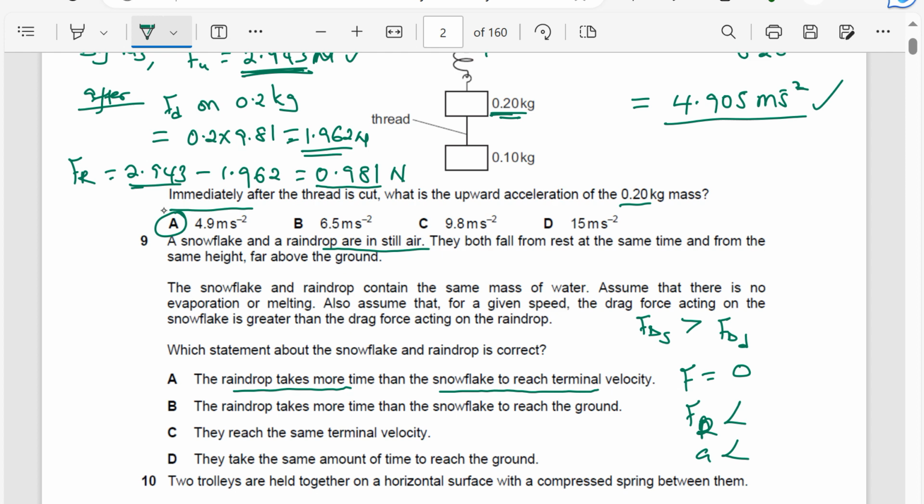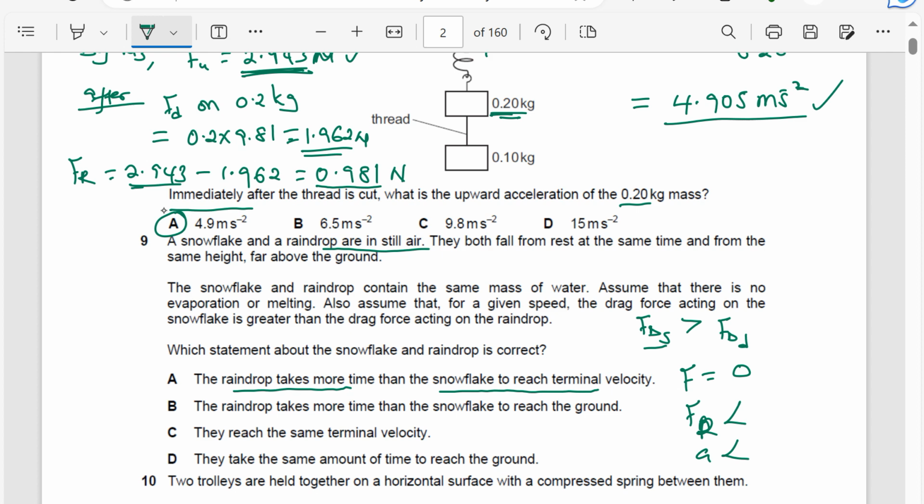Let's think about two objects falling, and one is moving faster than the other. The one which has a higher drag force means its resultant force reaches 0 in a short period of time.